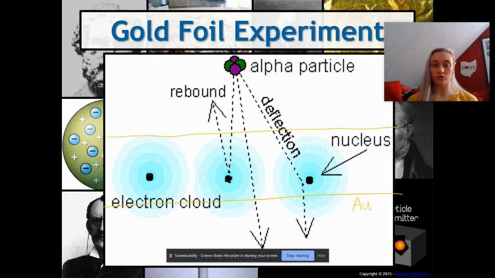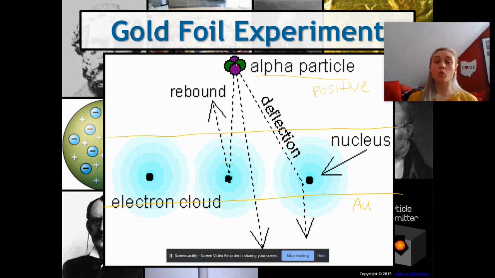If the alpha particles are coming from this direction, going towards the gold foil, and remember, alpha particles are positive. When Rutherford is doing this experiment, he knows that alpha particles are positive. So he's seeing what happens if he shoots these positive particles at the atoms of the gold foil.